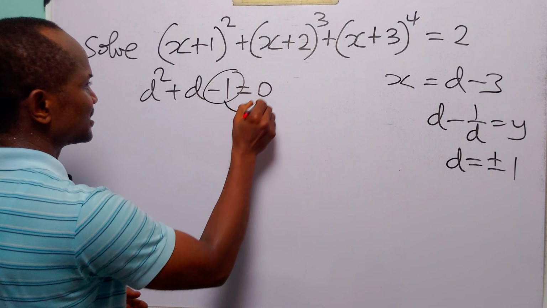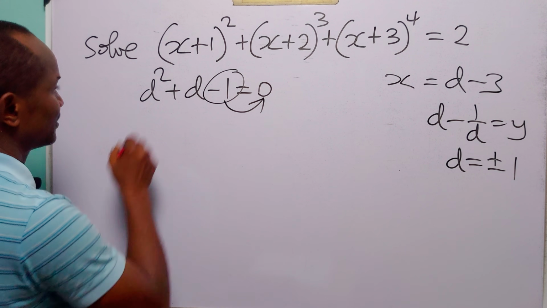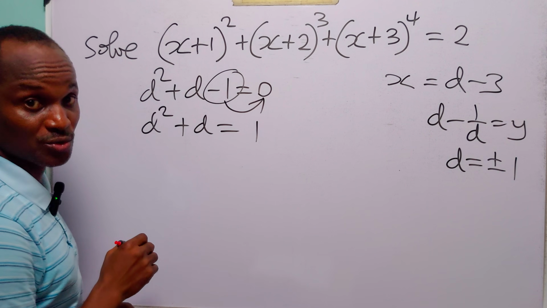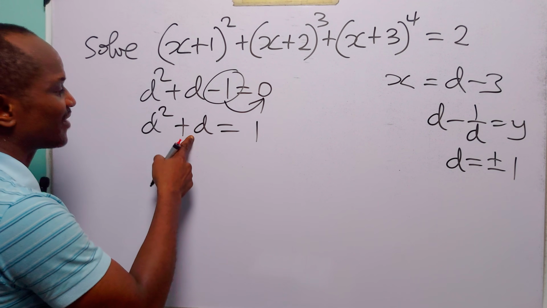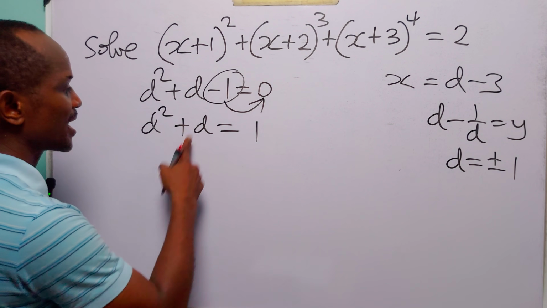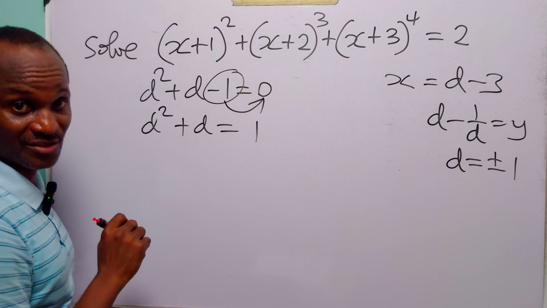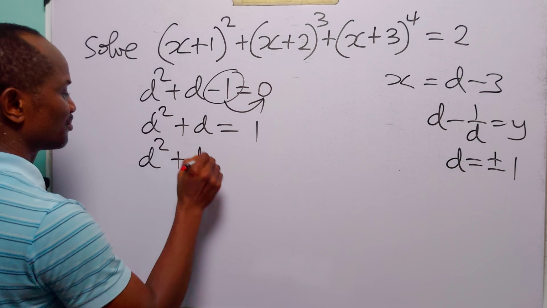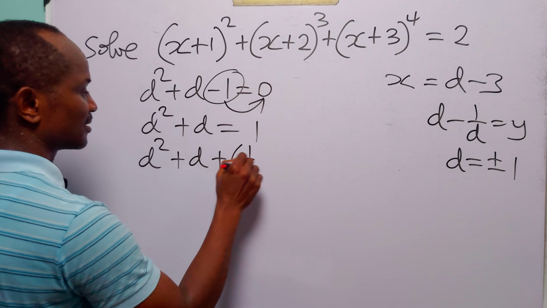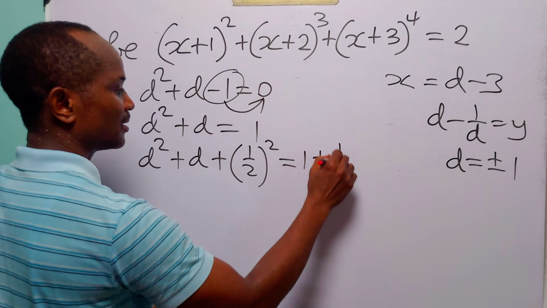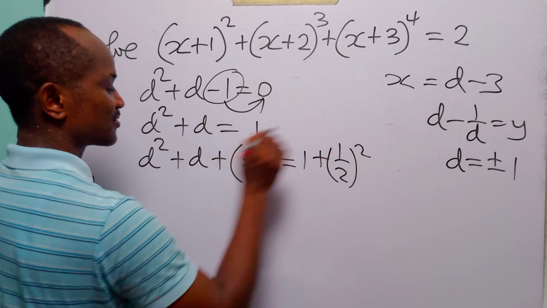We begin by moving this over to the right-hand side. We have d squared plus d is equal to 1. Now, we divide the coefficient of d, which is 1, by 2, square it and add to both sides of the equation. When we do that, we have d squared plus d plus half squared is equal to 1 plus half squared.